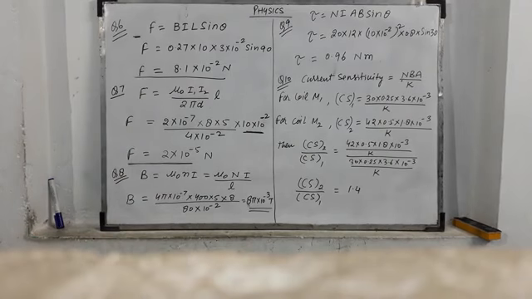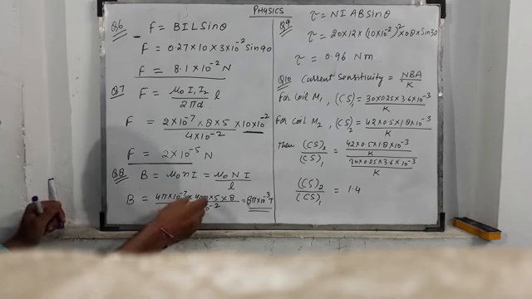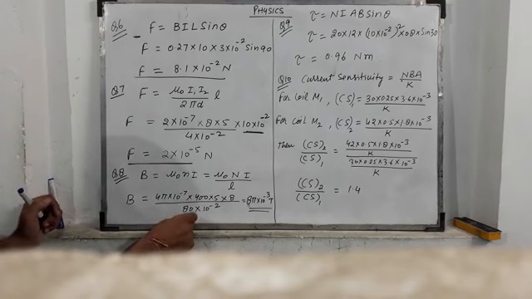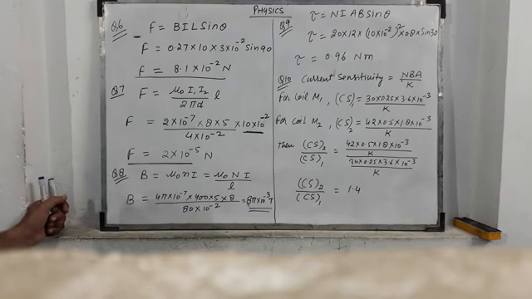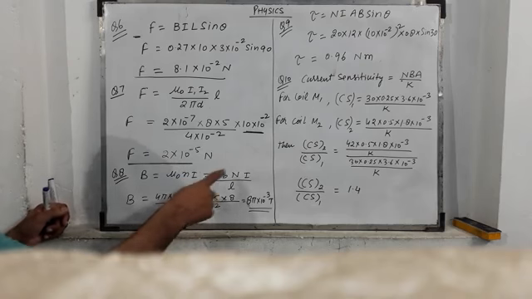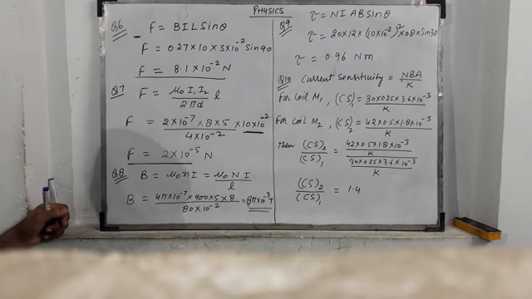In question number 8, a solenoid is given to you. In the solenoid, the number of turns are 400 in one layer, and there are 5 layers. The length of the solenoid is 80 centimeters. So first we calculate the number of turns per unit length, that is total number of turns upon length.